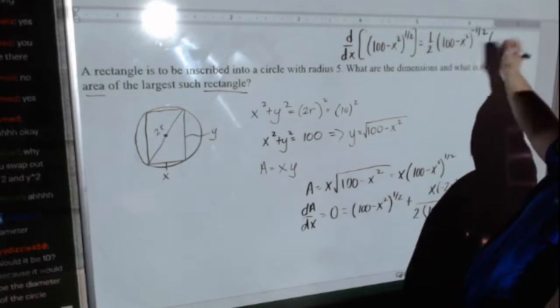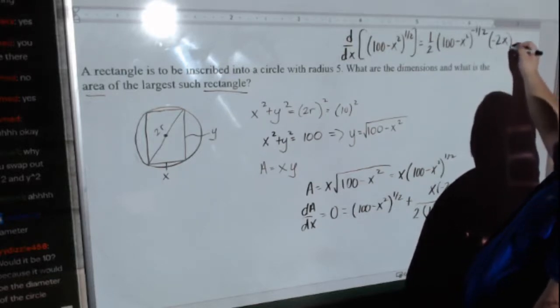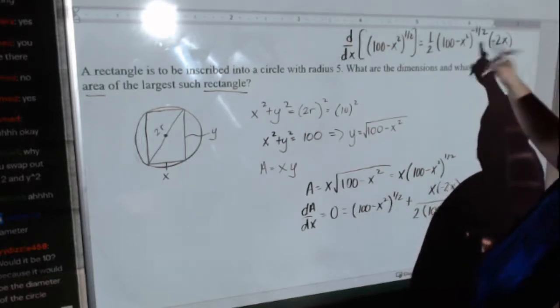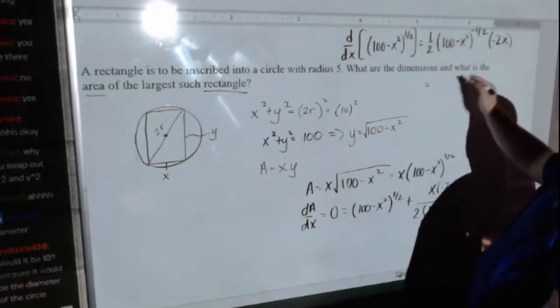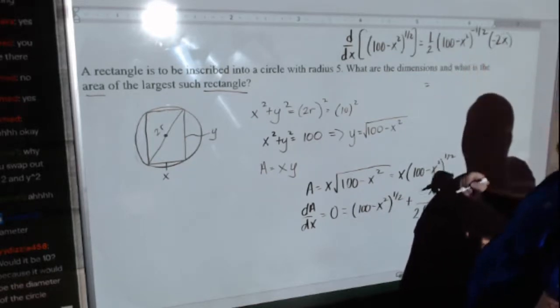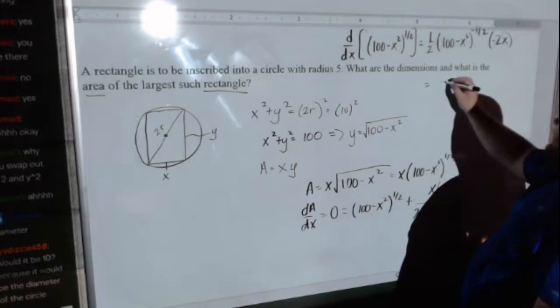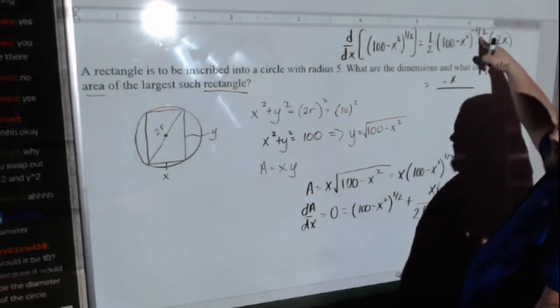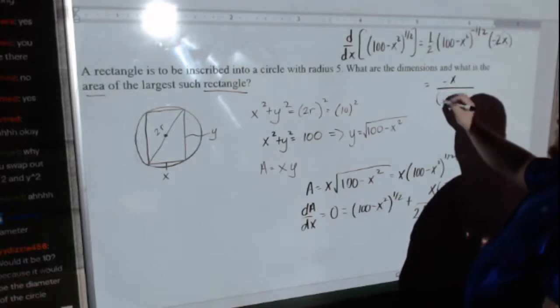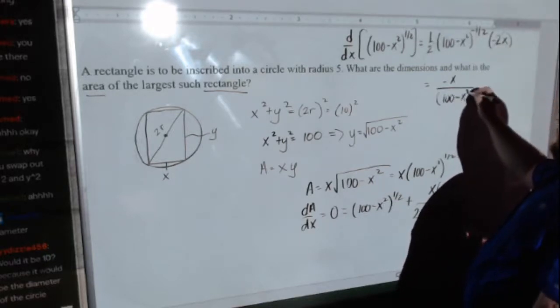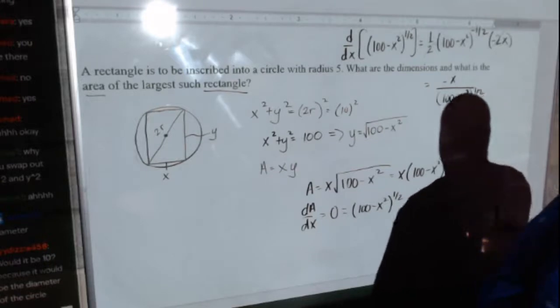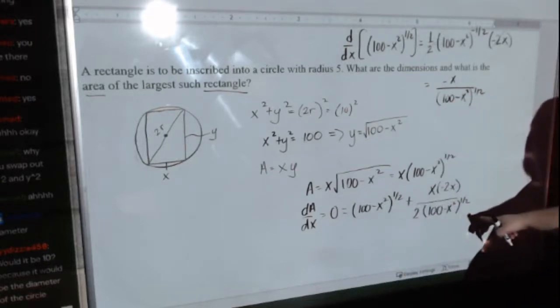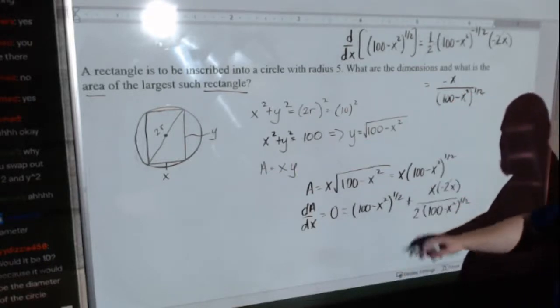And then the derivative of the inside is minus 2x. So if you simplify that, the 2's cancel. You have minus x on top. And this minus 1/2 power says put that in the denominator. So I've done the same thing down here. I just didn't simplify my 2's.